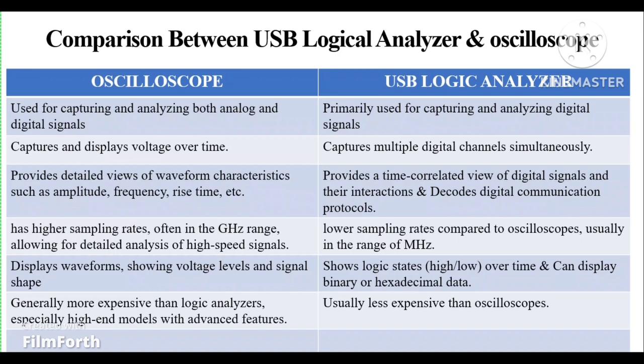It has a lower sampling rate compared to an oscilloscope, usually in the range of megahertz. An oscilloscope displays a waveform showing voltage level and signal shape. But a USB logic analyzer shows the logical state, high or low, over time, and can display binary or hexadecimal data.